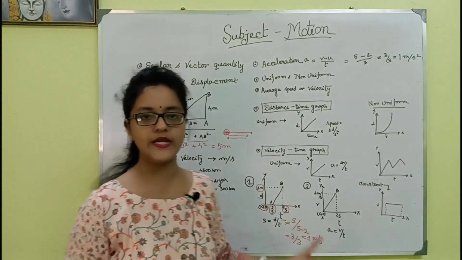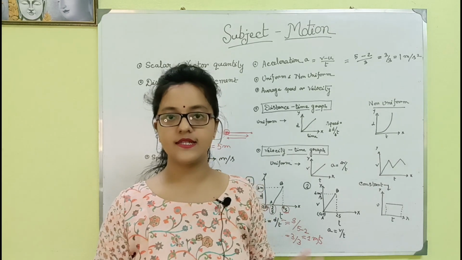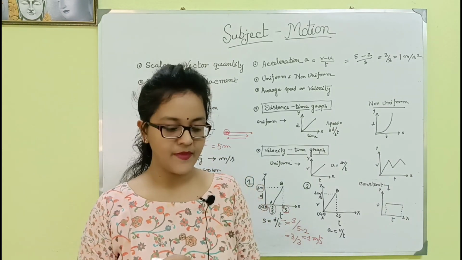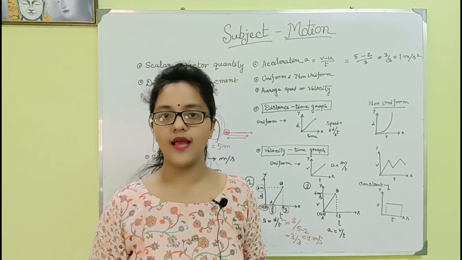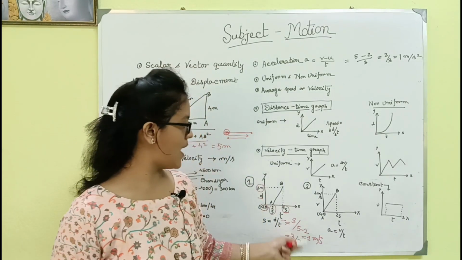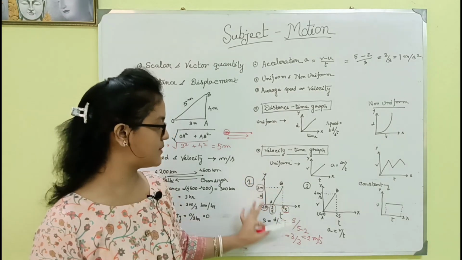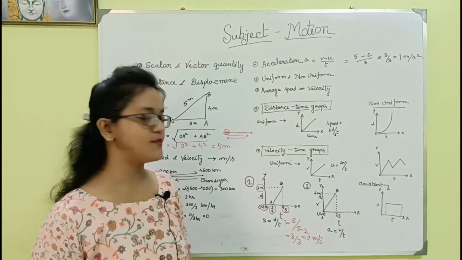An answer with only a number and without the SI unit is disqualified. So we all have to mark the SI unit with the number. So 1 meter per second. In this way, we have to solve this type of graphical representation.